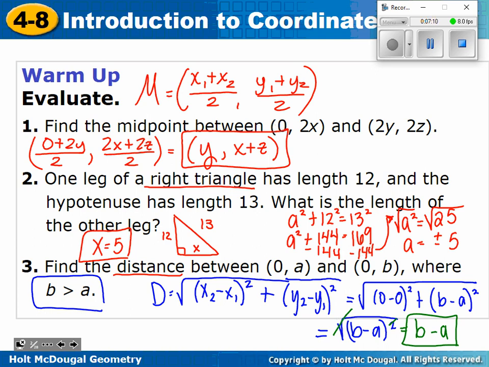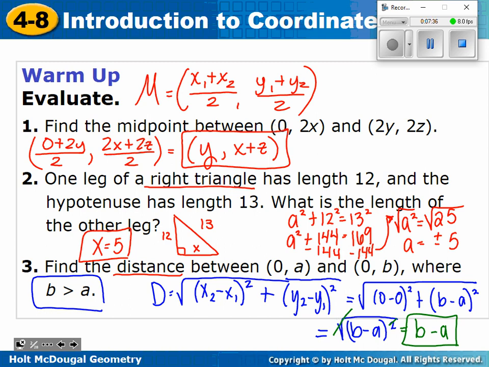I have x equals 3.5 or negative 3 and a third? Okay, anybody have a different answer? Go ahead. Negative 8 or positive 9. Anybody have a different answer? Okay, that's not what I got, either one of those, but we'll check and see.